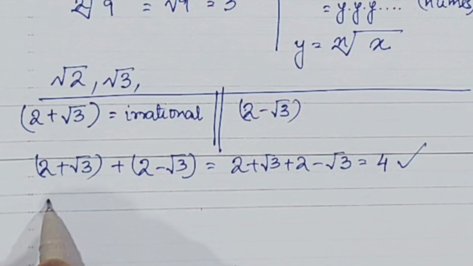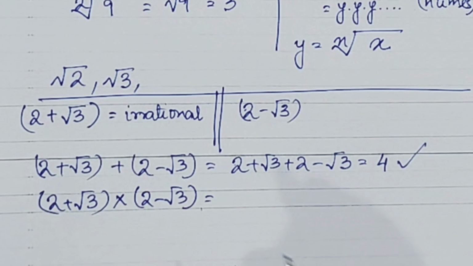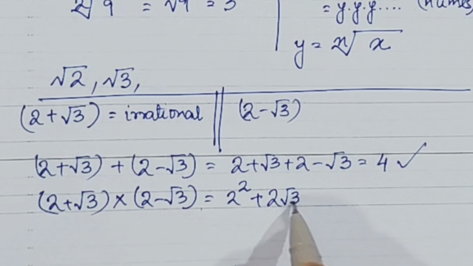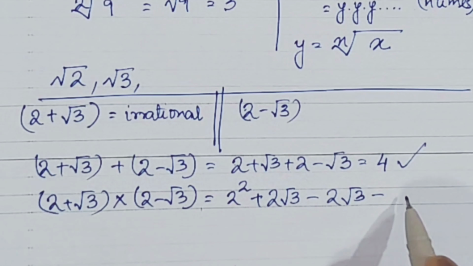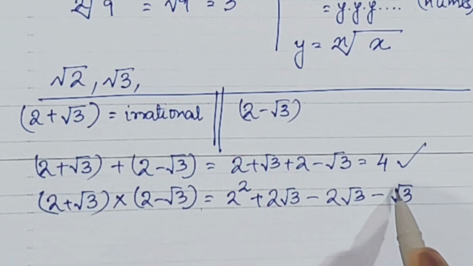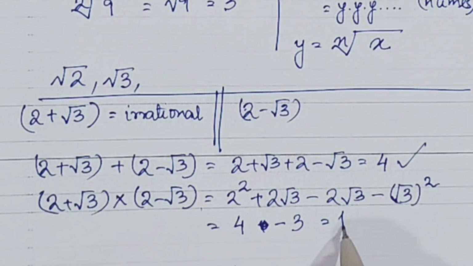Similar to that, 2 plus root 3 multiplied by 2 minus root 3 will finally become 2 square plus 2 root 3 minus 2 root 3 minus root 3 square, that is 4, plus these two cancel each other, 4 minus 3, which is 1.